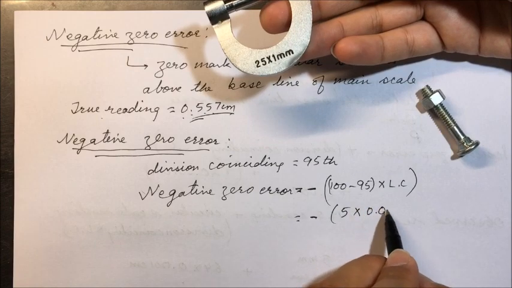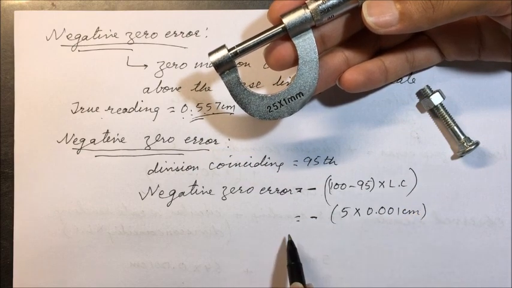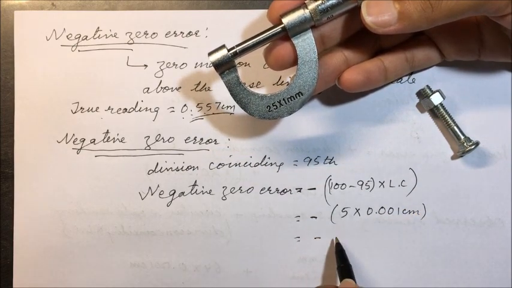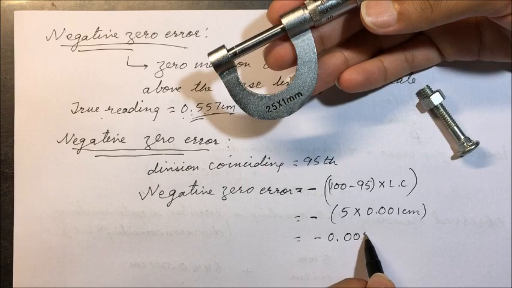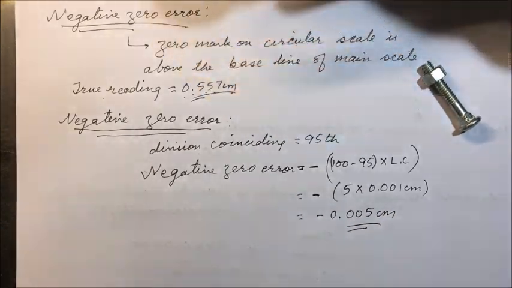For this instrument, least count is 0.001 centimeter. So it came out to be 0.005 centimeter. This is the negative 0 error.